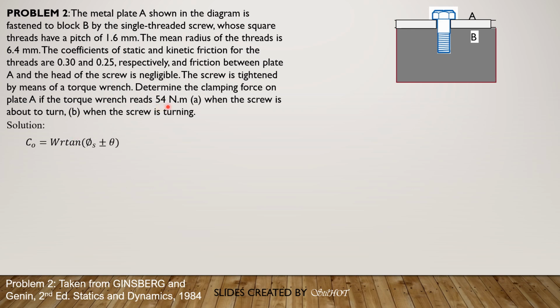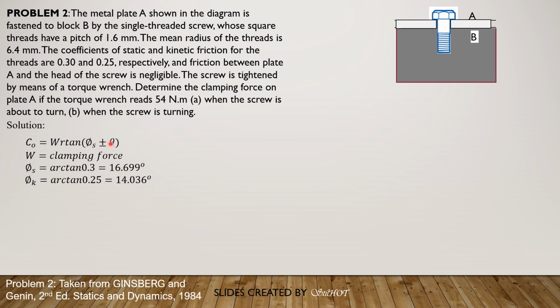Where C sub O is 54 Newton meter, we convert that to Newton mm so that it is consistent with r, which is in mm. Phi sub s is equal to arctan of 0.3, which is 16.699 degrees, and phi sub k for part B, where we replace phi sub s by phi sub k, is equal to arctan of 0.25, which is 14.036 degrees.